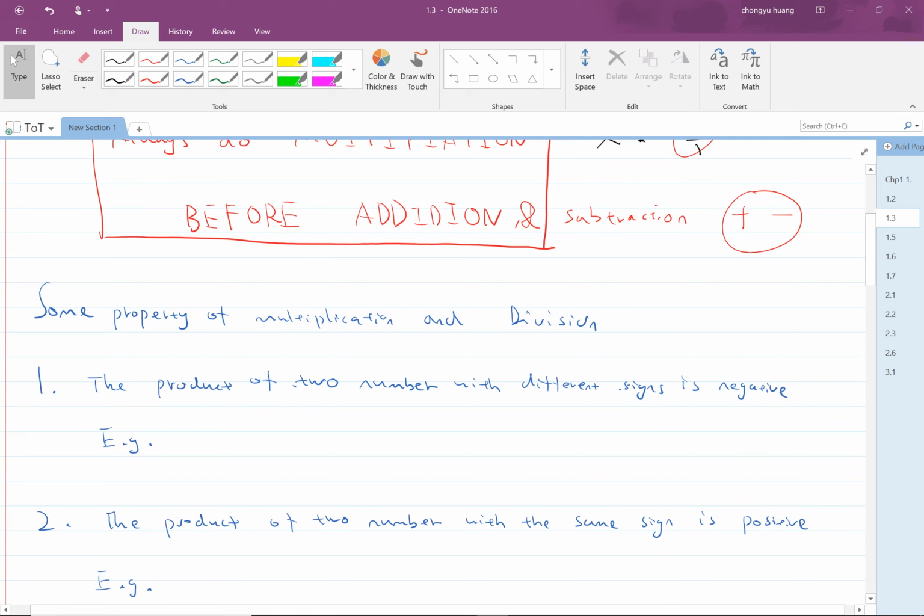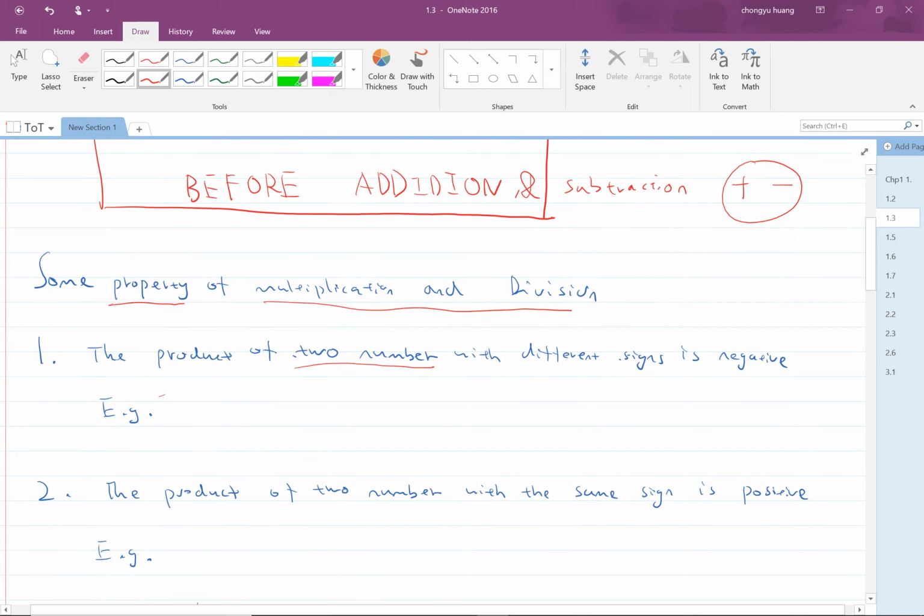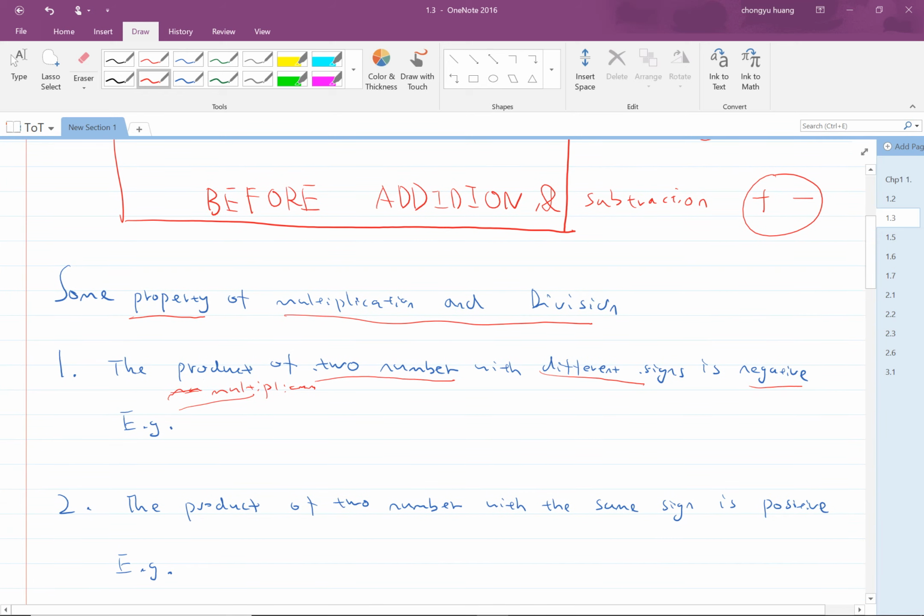Let's talk about some of the properties of multiplication and division. The first property is the product of two numbers. The product simply means multiplication. The multiplication of two numbers with different signs is negative.